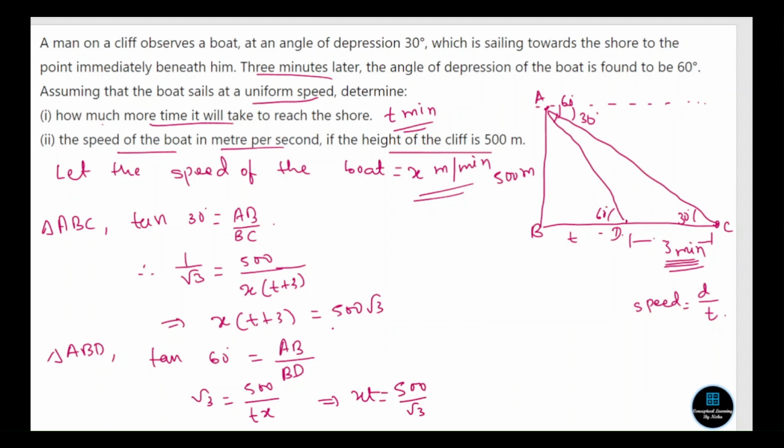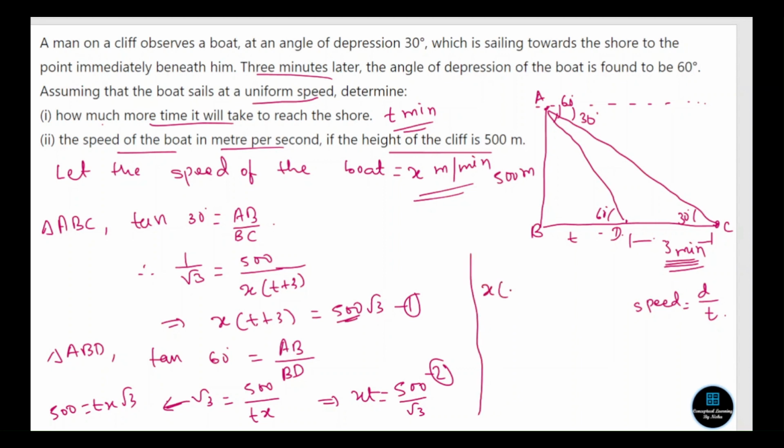Now if I solve the first and second equations, what do we get? Let's find it out. I'm writing this one as 500 equals t x root 3, because I can substitute here for 500 and make it very simple.